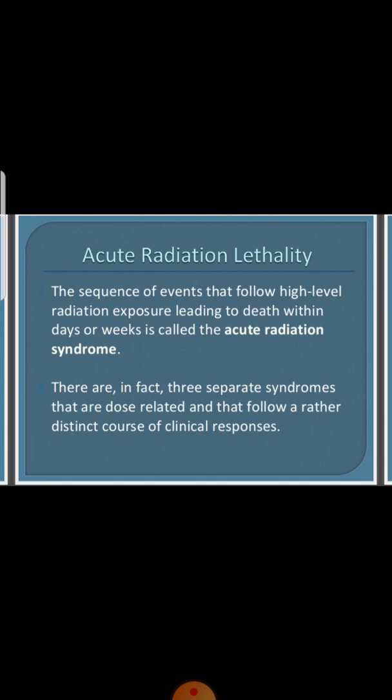There are three very important separate syndromes that are related to the early effects of radiation. These syndromes are hematological death, gastrointestinal death, and central nervous system death, and all these syndromes have clinical signs and symptoms, and they have a threshold dose.